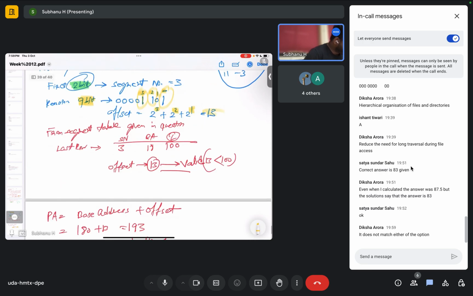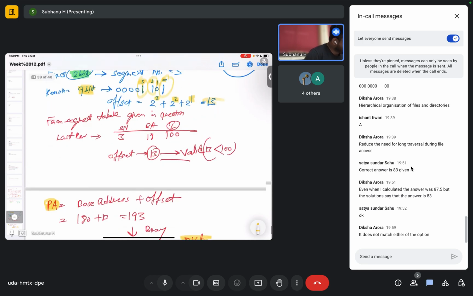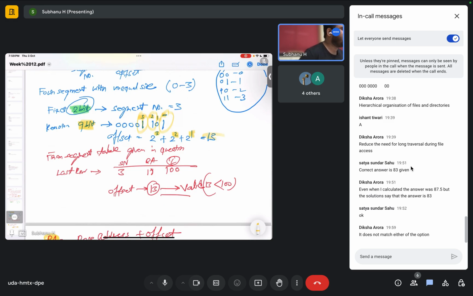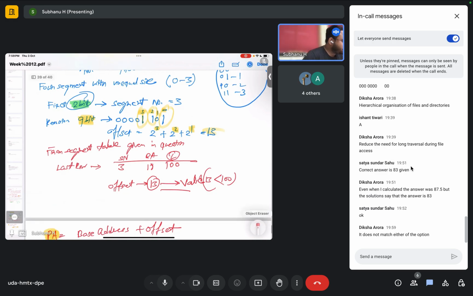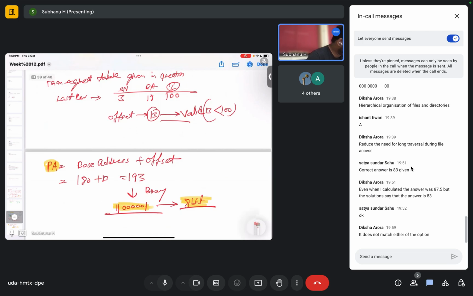But in our physical address we have to represent it in 9 bits. So for 9 bits, add 0 at the beginning. So this will be the correct answer. So D is the correct answer.